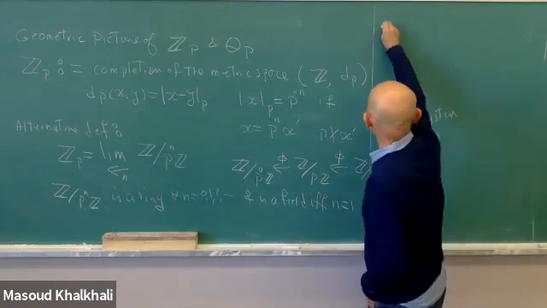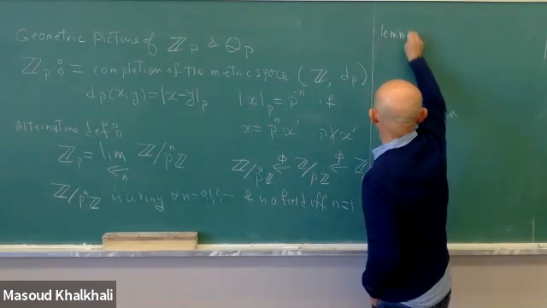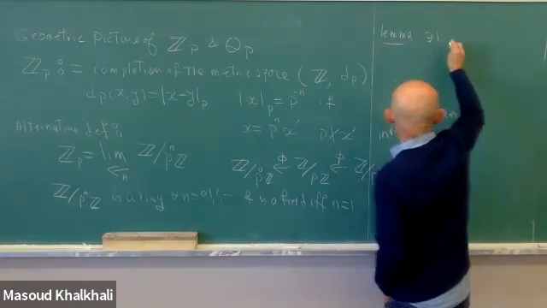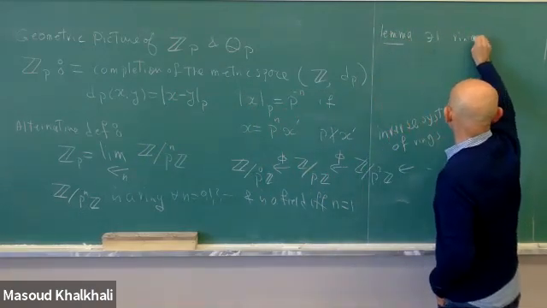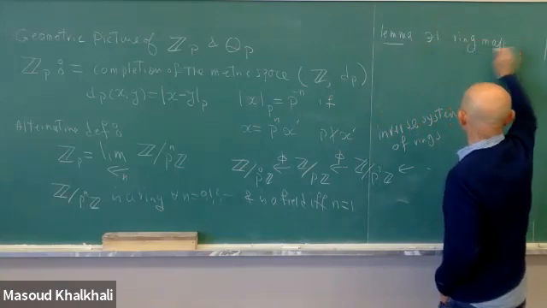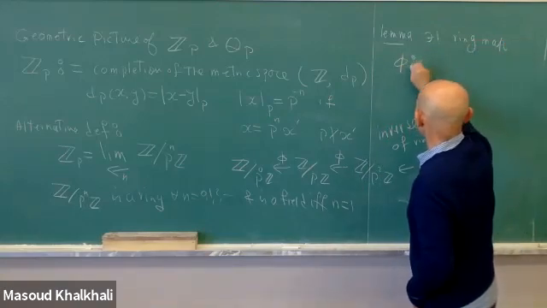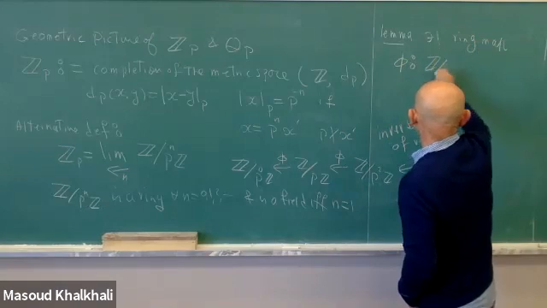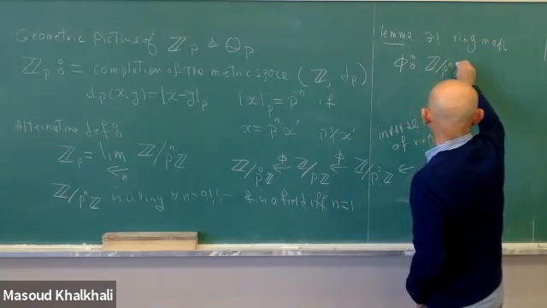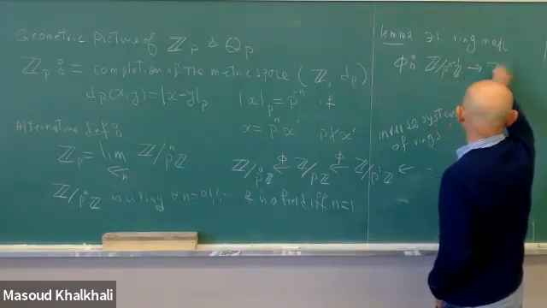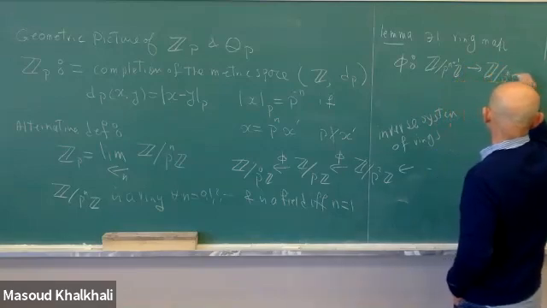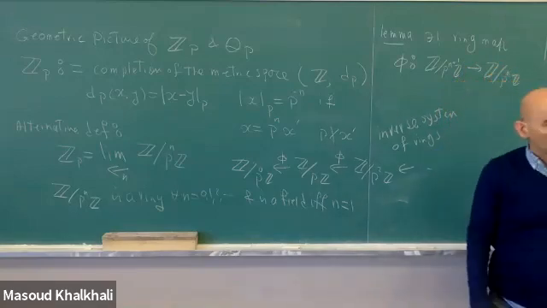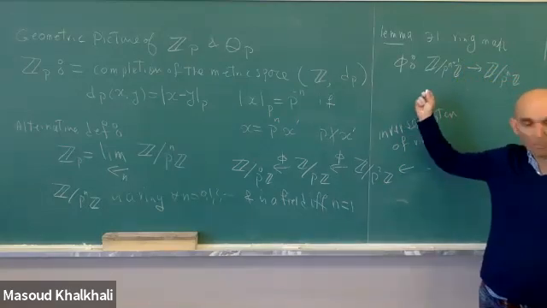So the lemma is that there exists a unique ring map phi from Z over p^(n+1) Z to Z over p^n Z. How does it work?